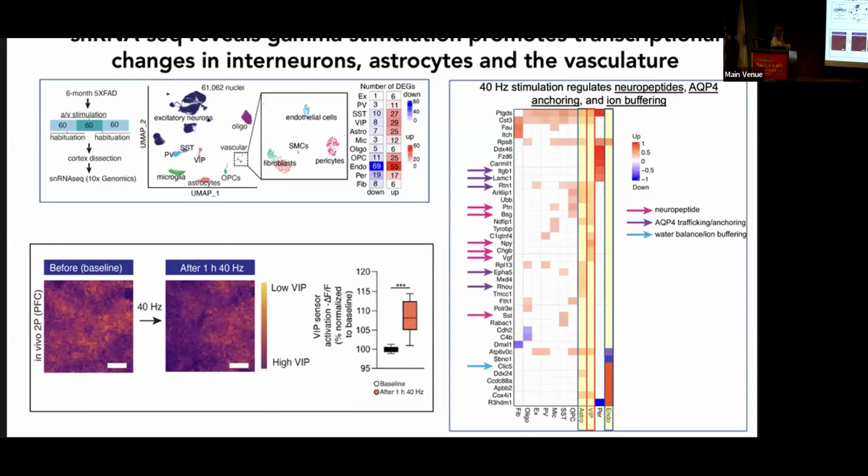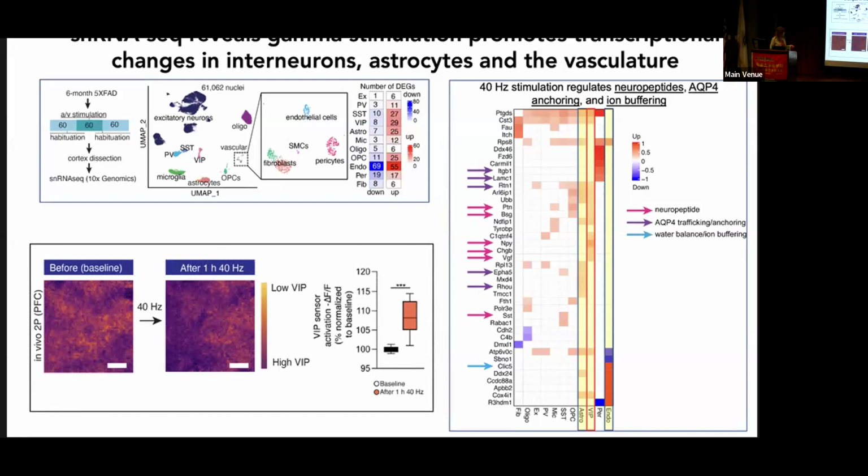So we were able to look at VIP signaling in vivo 1 hour after 40 Hertz stimulation. And we saw this very significant increase in VIP signaling. So this increased neuropeptide transcription seems to have a consequence.